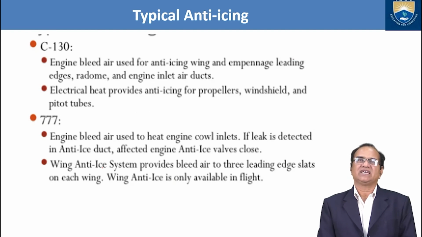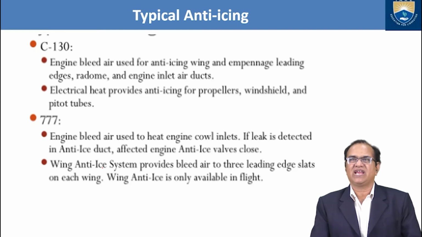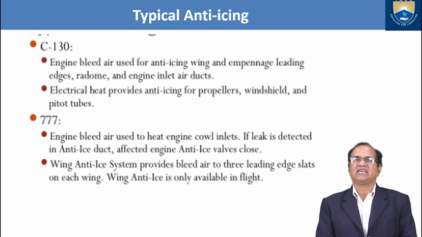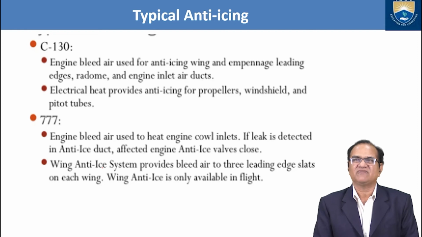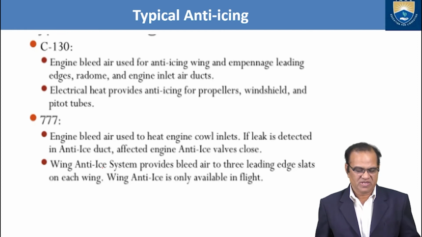Typical anti-icing on a C-130 aircraft: engine bleed air is used for anti-icing the wing and impinges on the leading edge, radome and engine inlet air ducts. Electrical heat provides anti-icing for the propeller, windshield and the pitot tube.